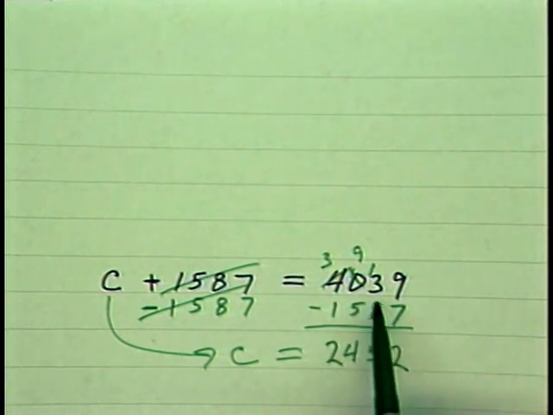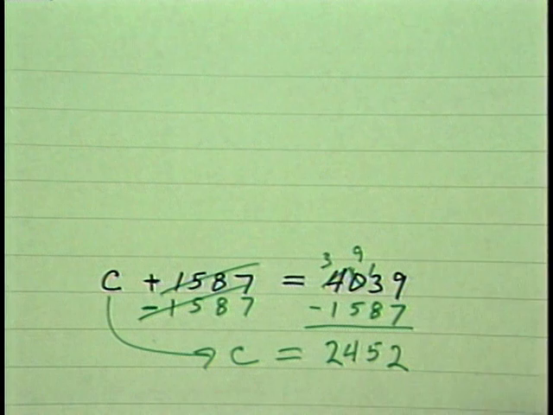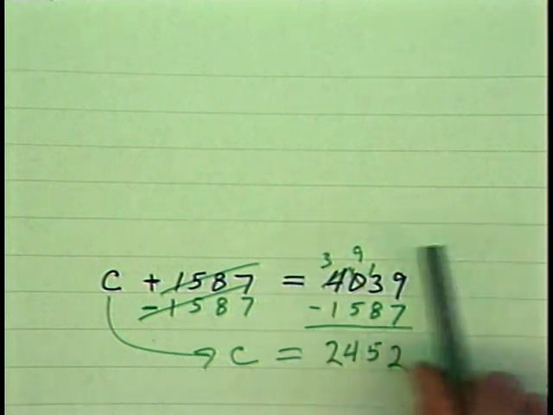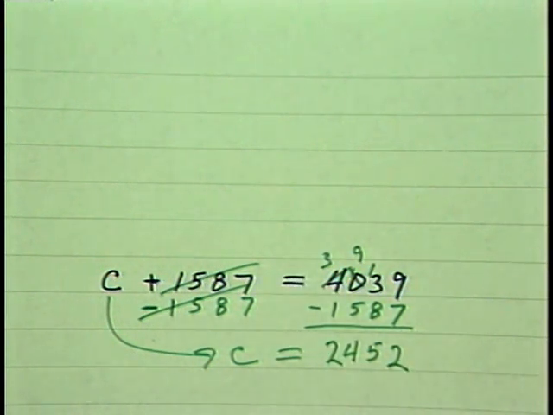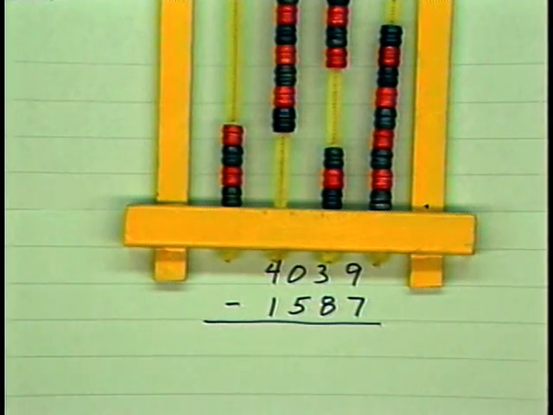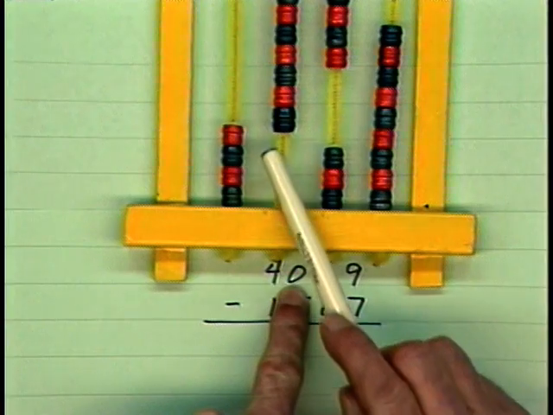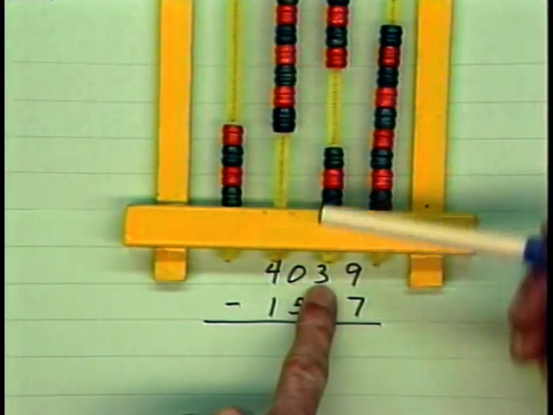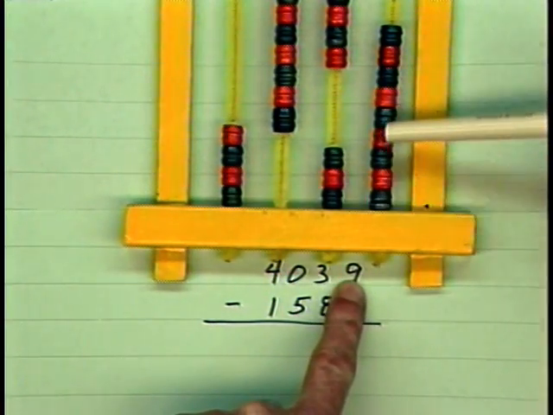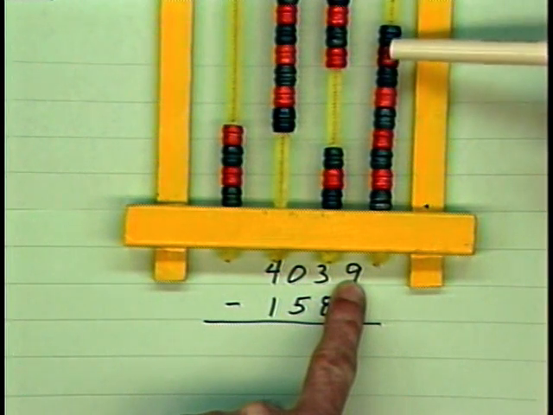Let's now look at that borrowing process on the abacus, and you'll see that it really is quite clear and simple. So on our abacus, this simply meant 4 beads here, none here, 3 beads here, and 9 beads here.